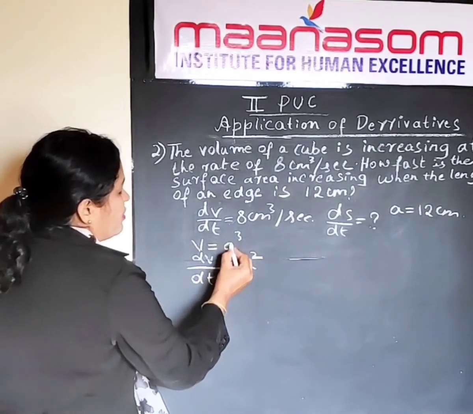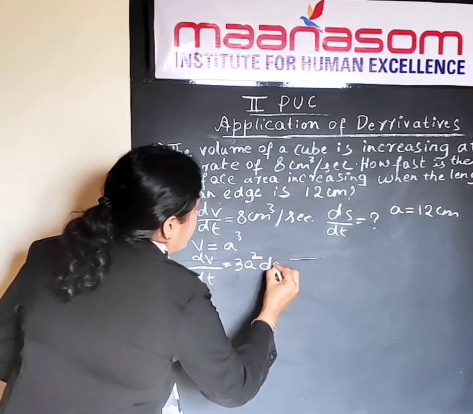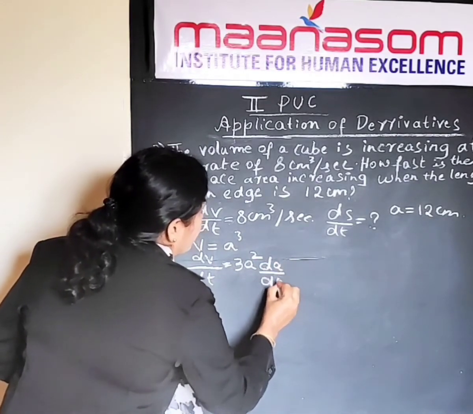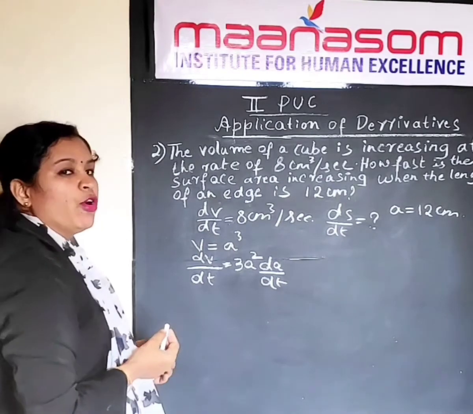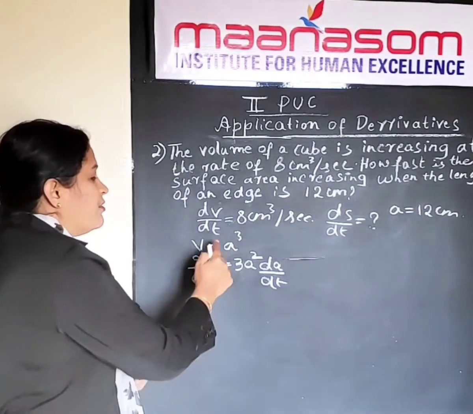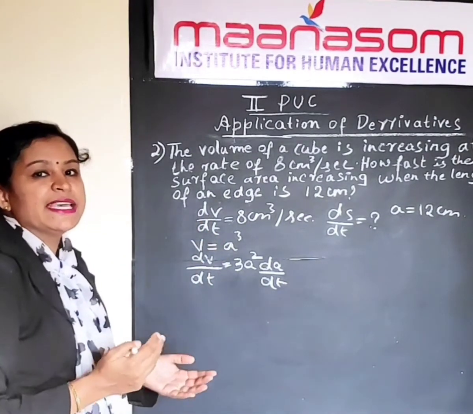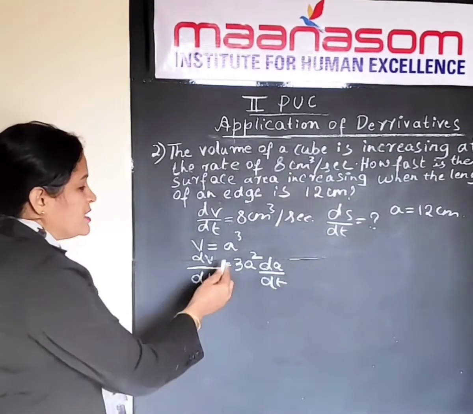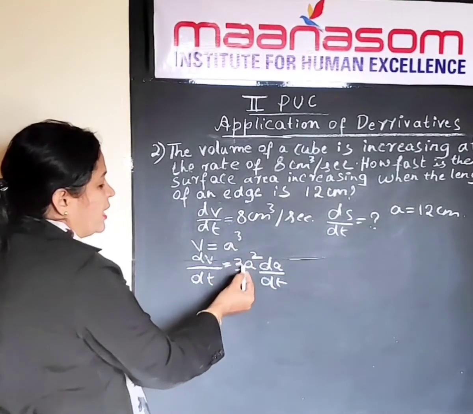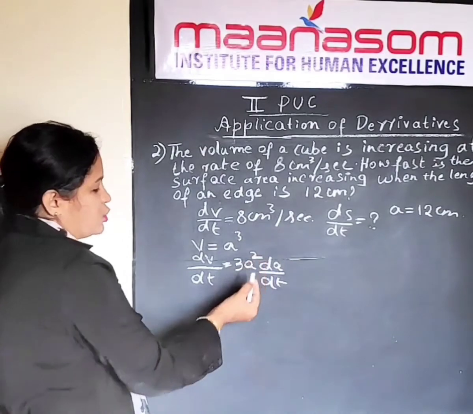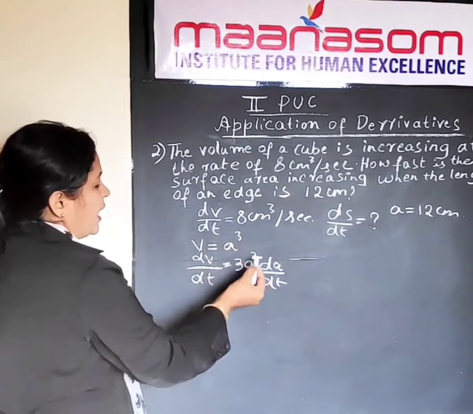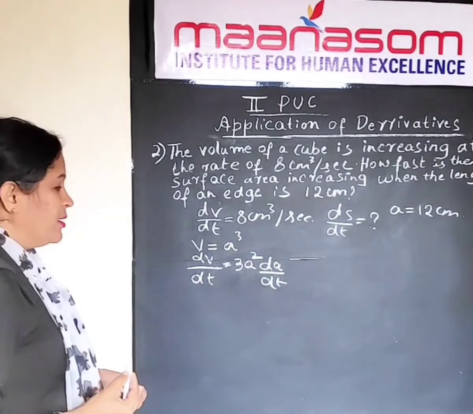And again, when we differentiate this a, we get dA by dt. That is, a cube is of the form x to the power of n, and the differential of x to the power of n is n x to the power n minus 1. Similarly, a cube will be 3a to the power 3 minus 1, that is 2. And when we differentiate a, we get dA by dt.